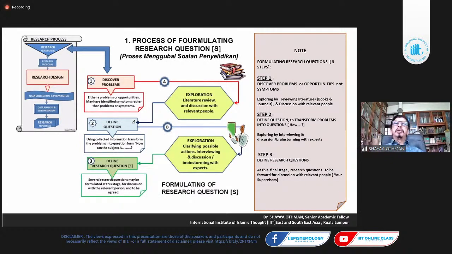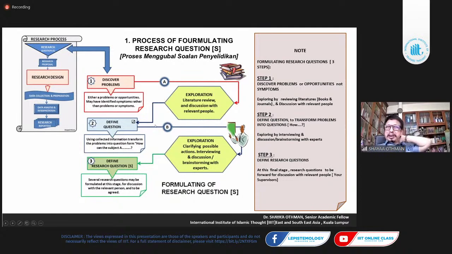So the combination of three was my interest: Maqasid al-Sharia, strategic management, plus a case study on environmental business. I tried to solve a certain problem and see the opportunities to go into industry and so on.